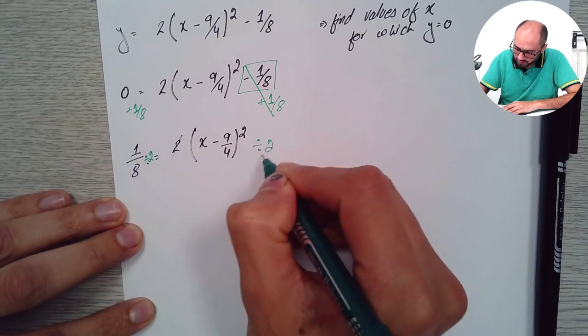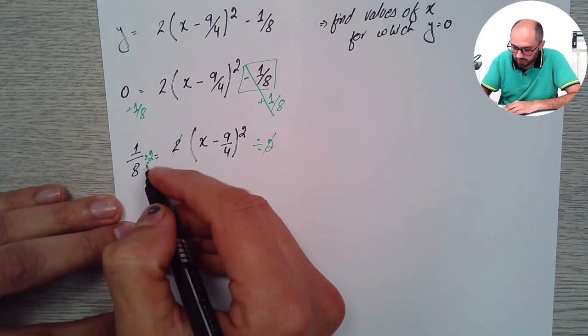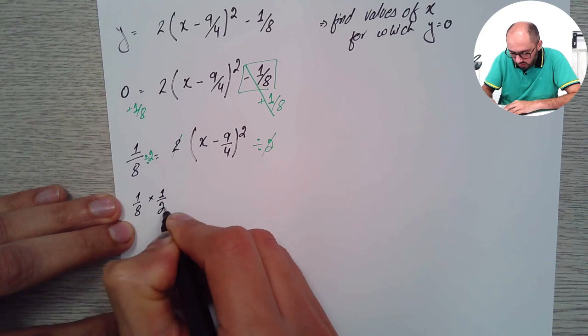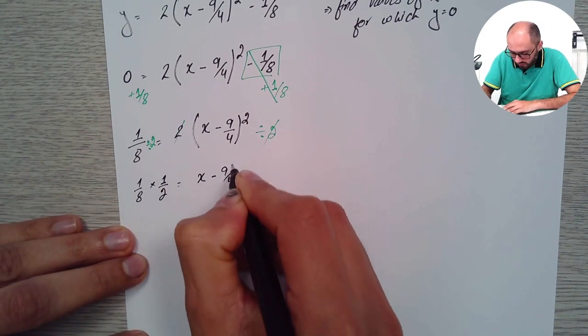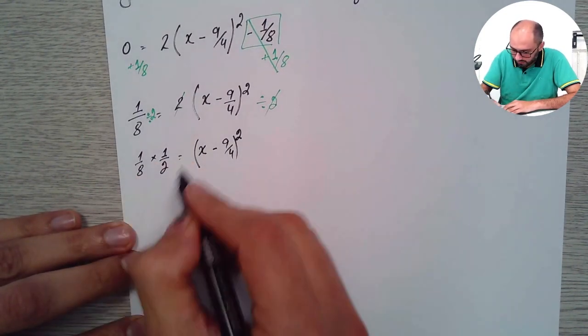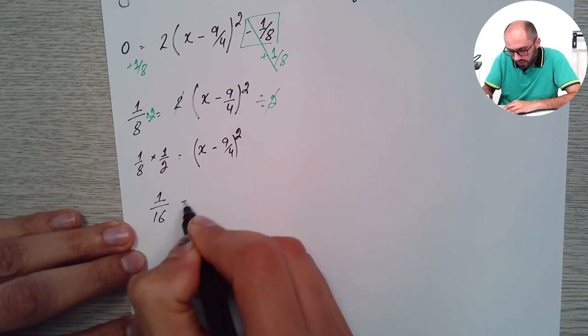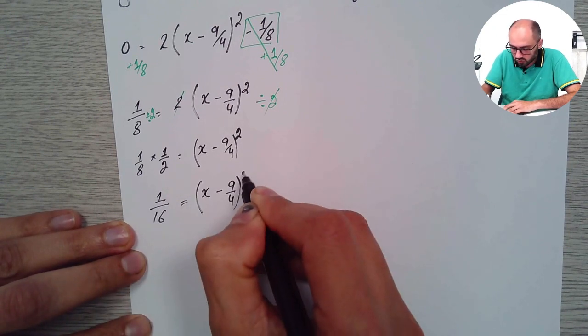So if you divide this side by 2, this is gone. Here you'll have to use the keep, flip and change rule. So it will be 1 over 8 times 1 over 2 equals (x minus 9 over 4) squared. If you simplify the left side, it will be 1 over 16 equals (x minus 9 over 4) whole squared.